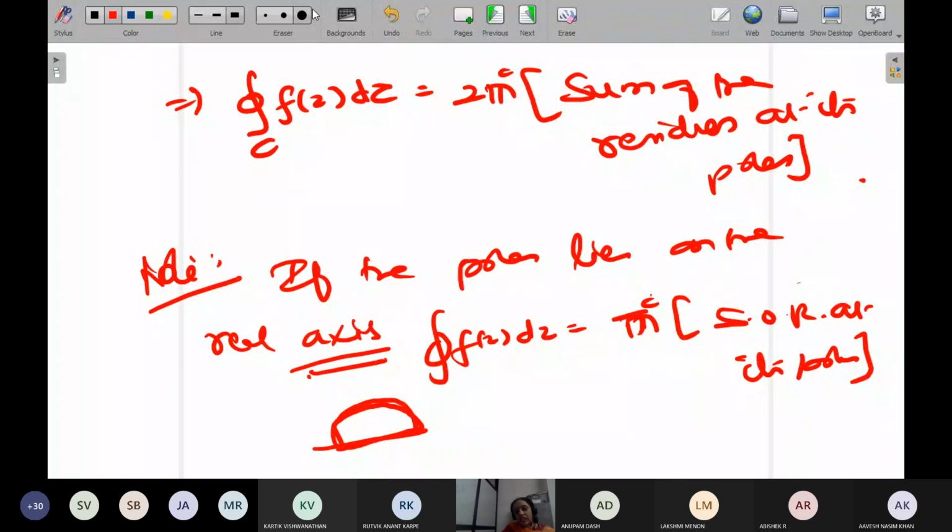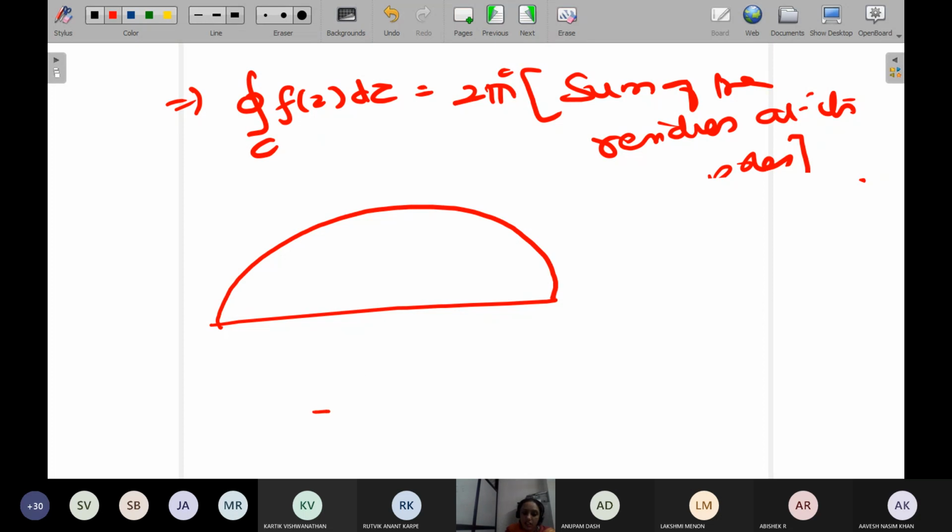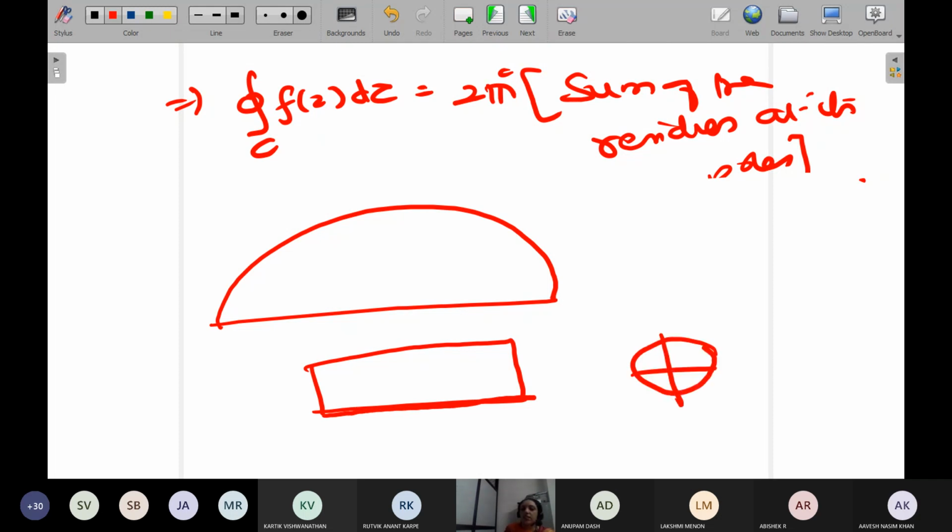The region will contain the real axis, that is the meaning. Better you don't take it now, I'll just erase it. I'll tell you why, because you will have a confusion here. When talking about the sum of the residues in pi i, the region will be like this, or can be like this. The real axis, the region will get.